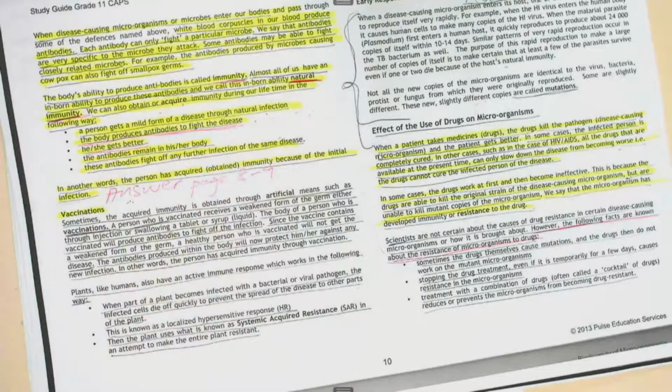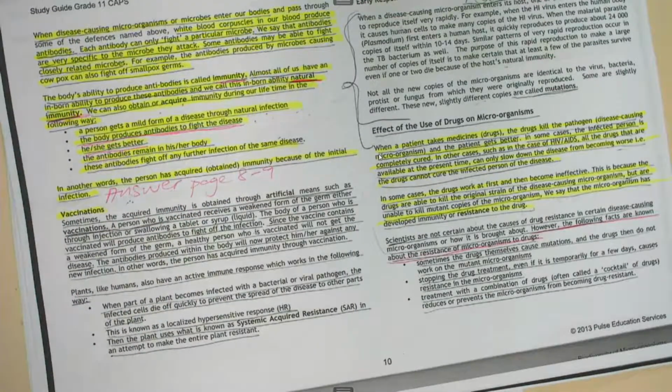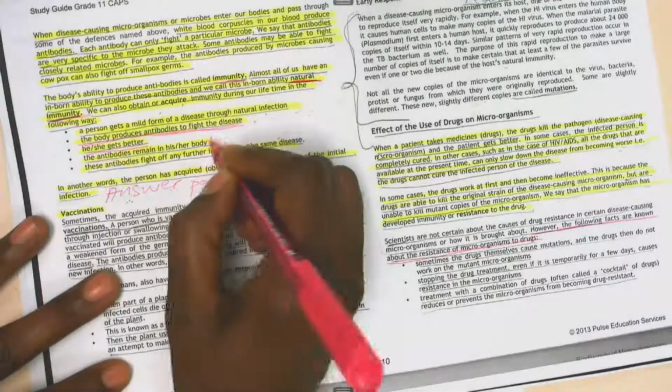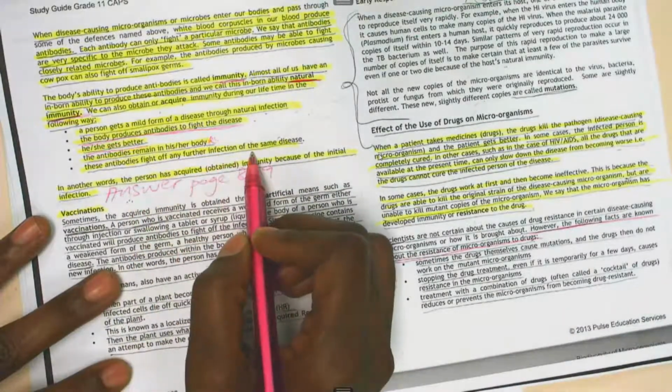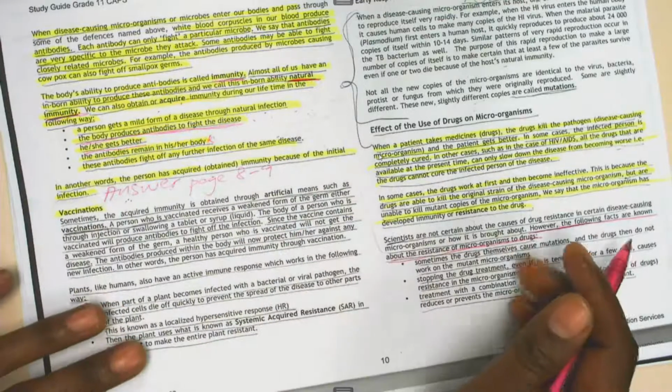So those antibodies now remain in your system. That is what is meant here. And these antibodies fight off any further infection of the same disease.